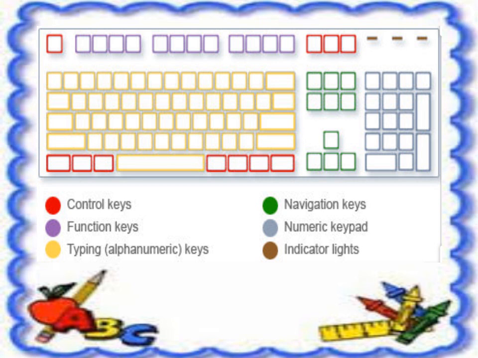And then you can see the green ones. The green keys are called the navigation keys. And after that, the blue color keys are called the numeric keypad. This whole area on your right hand is called the numeric keypad. And the last one, in the right hand top corner in brown color, we call indicator lights.